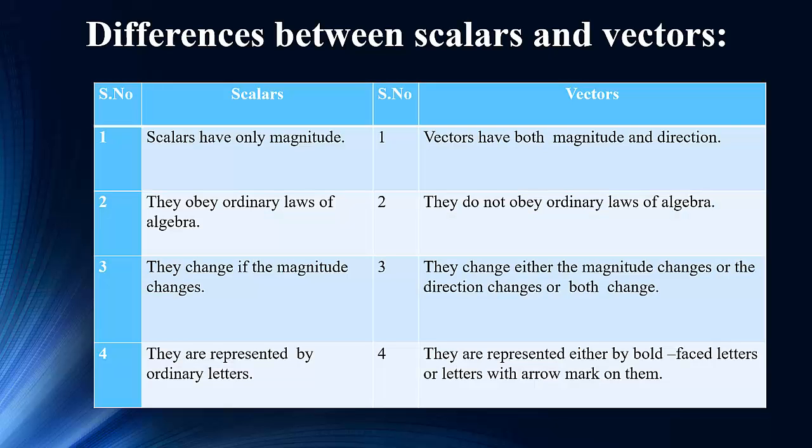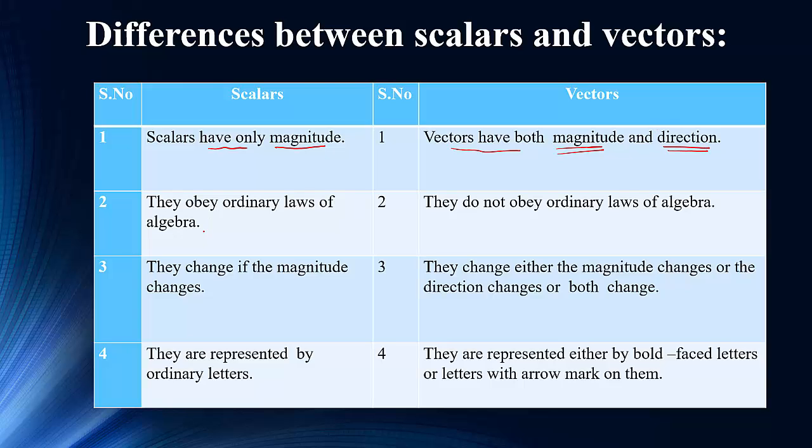Now you can observe some differences between scalars and vectors. The first difference, scalars have only magnitude, but vectors have both magnitude as well as direction.